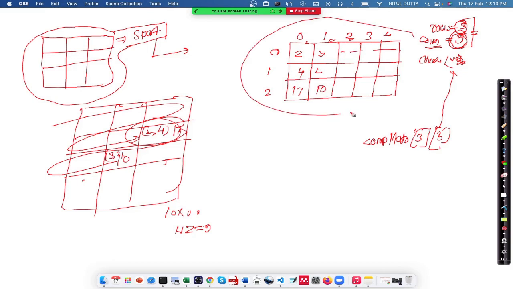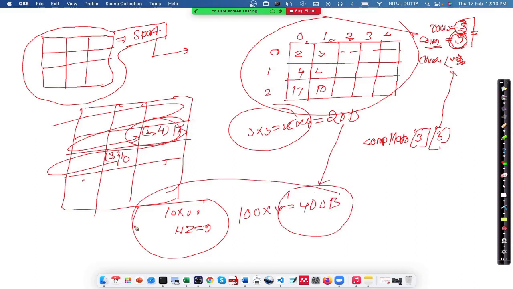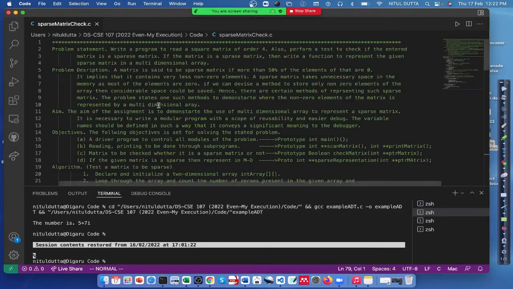And how many elements will there be? 3 multiplied by 5, which is only 15. 15 multiplied by 4, this one has only 60 bytes. However, this one having 100 multiplied by 4 is equal to 400 bytes. So a huge space is saved by representing the sparse matrix in a compact form. So this is the problem statement.